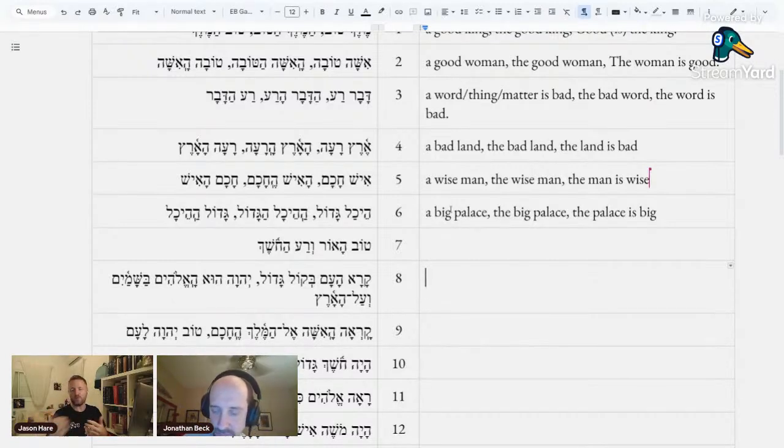It's a noun phrase. It will function as a constituent within a sentence. And ha'echal hagadol, you could say the big palace is full of people. Ha'echal hagadol male be'anashim. But gadol ha'echal is a sentence on its own. It's not going to be the subject of a sentence, the subject of a verb, or the object, or whatever.